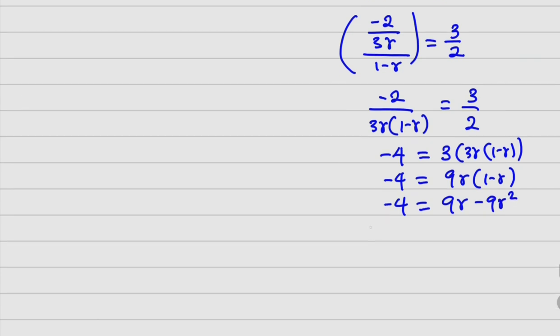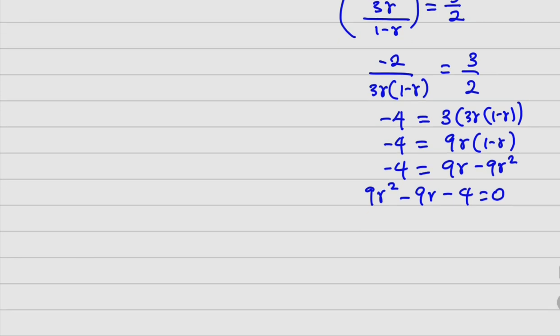Rearranging it, we are going to have 9R squared minus 9R minus 4 is equal to 0. So, solving this quadratically, this time this is minus 36R squared.